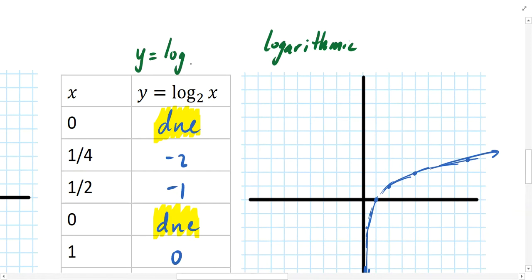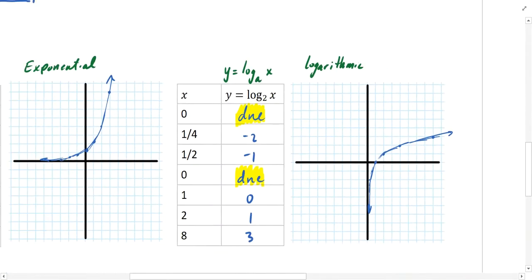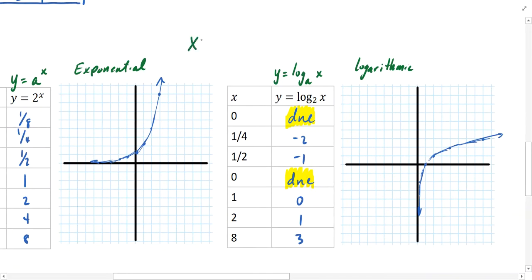So we'll write log base a of x. Just do keep in mind that in both of these cases a is not allowed to be 1, a should not be equal to 1, and a must also be greater than 0. And again, that's true for both exponential and logarithmic equations, and therefore graphs as well.